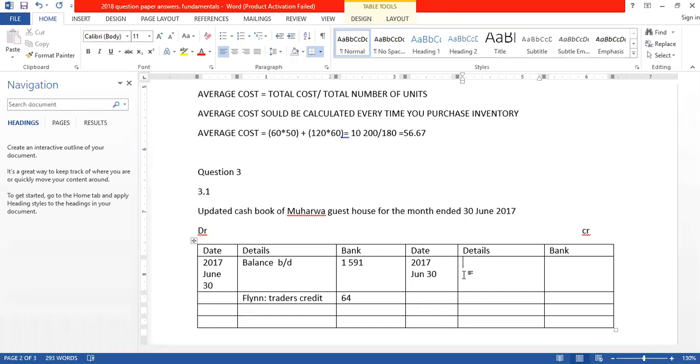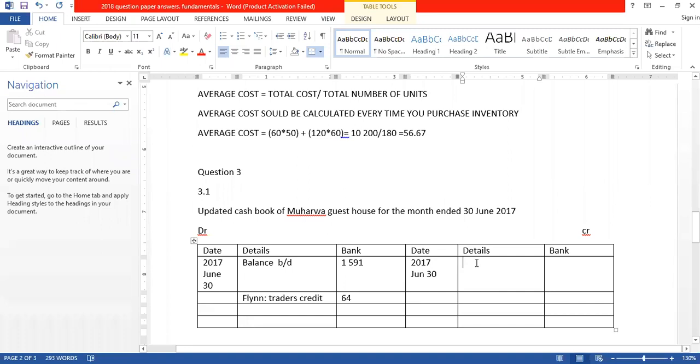We have 519 on both sides, so it's fine. We have $41 on both sides, so it's fine. And then we have $52 and $43 that are appearing in our bank statement, but they are not in our cash book, and we'll need to record them in our cash book.